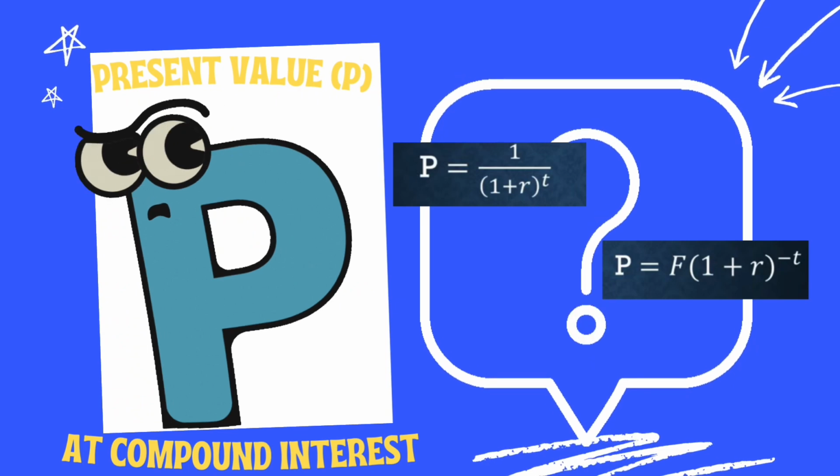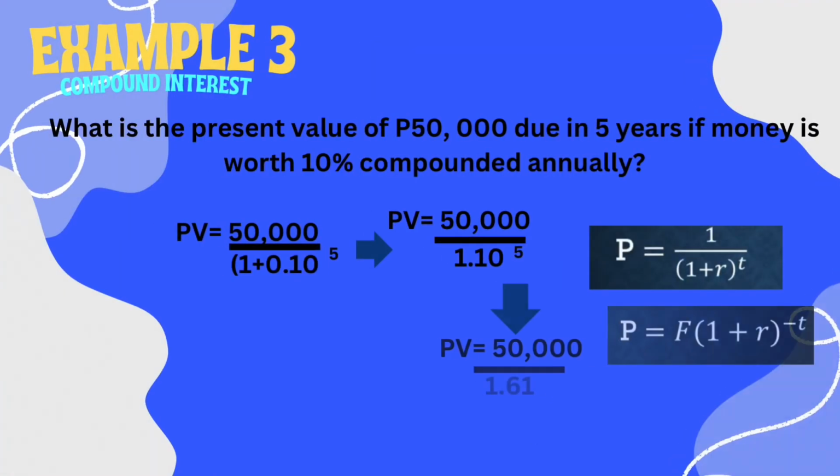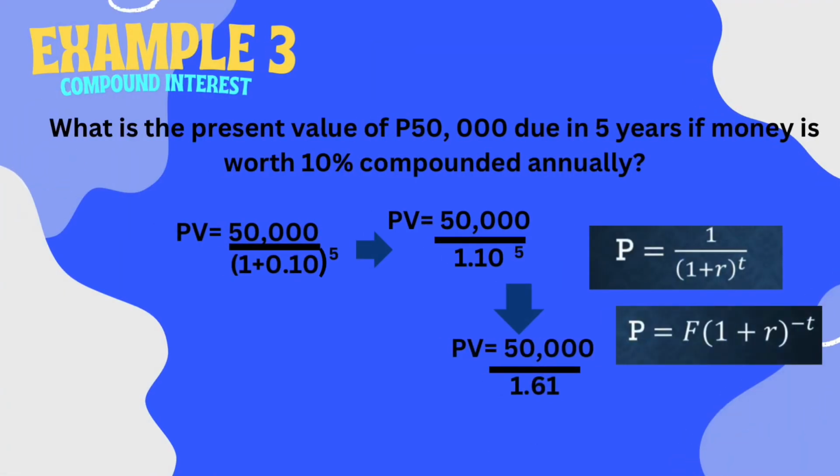Now, for the last example, example number 3. What is the present value of 50,000 due in 5 years if money is worth 10% compounded annually? So, meaning tumataas siya yearly yung ating 50,000 sa loob ng 5 years. So, ang given naman natin dito is yung ating maturity value, which is the 50,000.